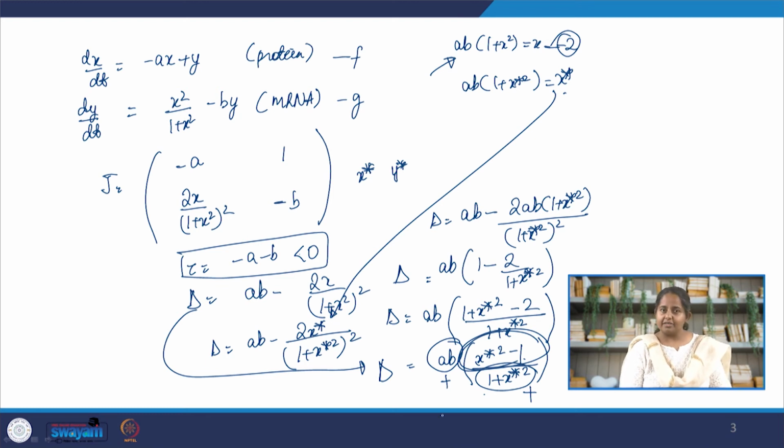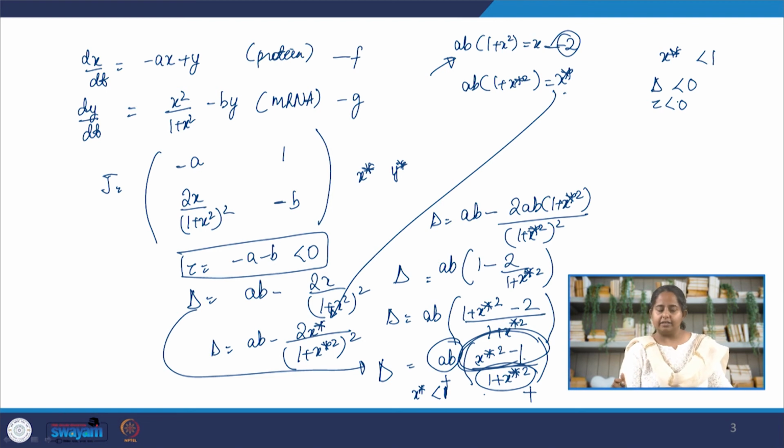Now, if the fixed point is less than 1, then determinant is going to be negative. So if the x for the fixed point is less than 1, then determinant is going to be less than 0. We already know tau is less than 0.